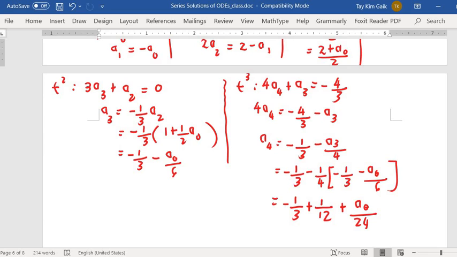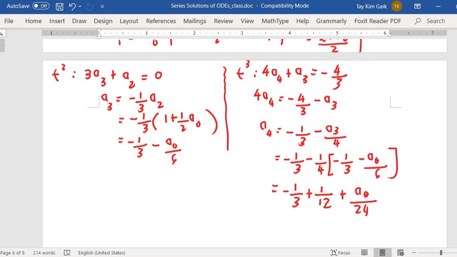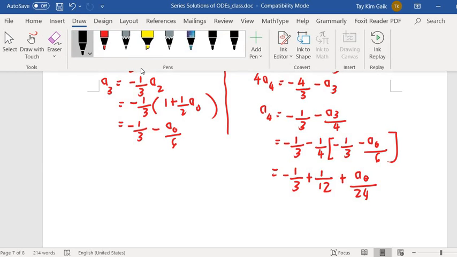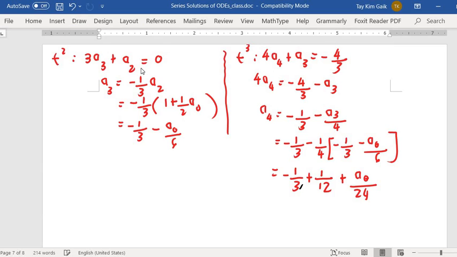Okay, and then you need to simplify these two. So times 4 times 4. So negative 4 plus 1. So negative 3 over 12 plus A0 over 24, or is negative 1/4 plus A0 over 24.